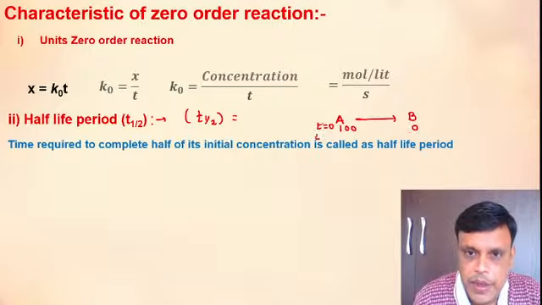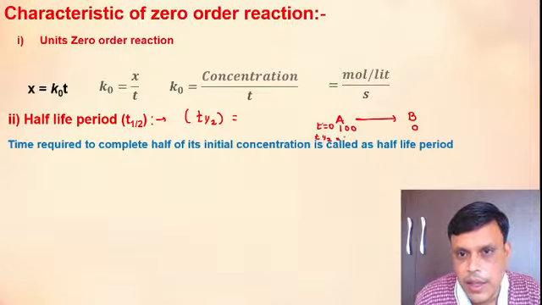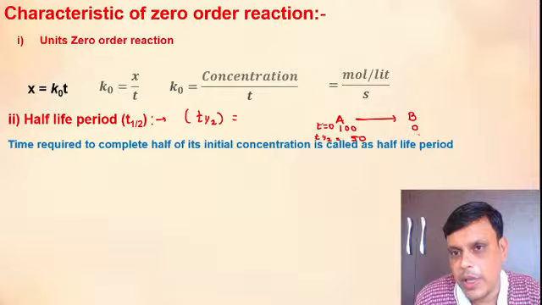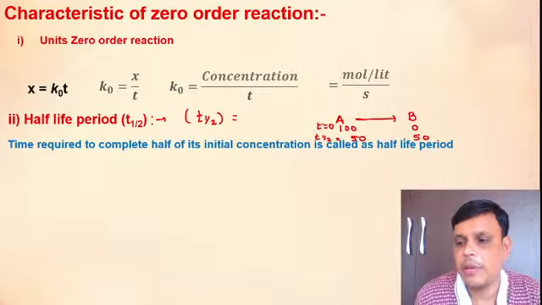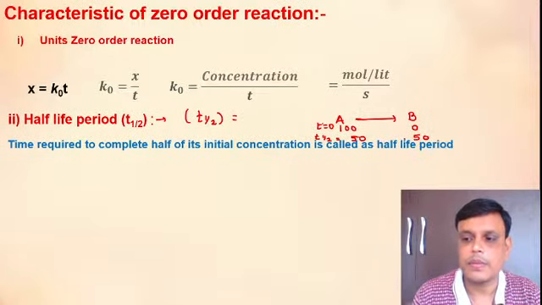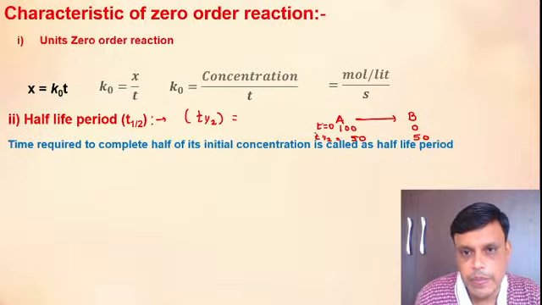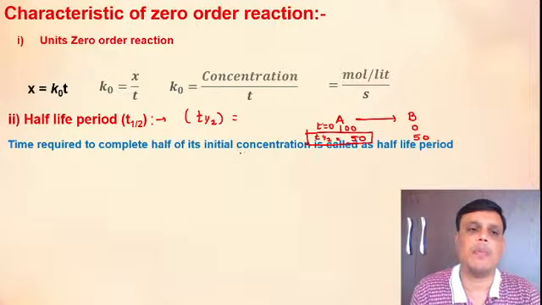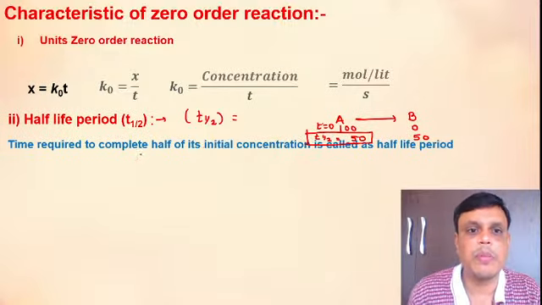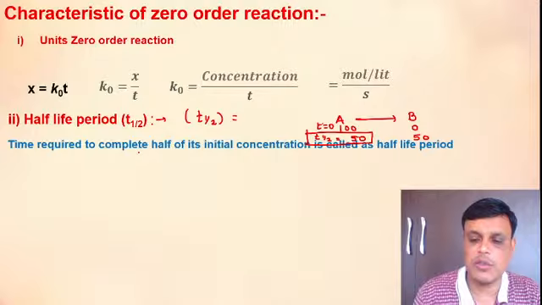And at a time t equal to half, A is present 50% and B is formed 50%. So this time is called the half-life period. The time which is required to complete half of its initial concentration is called half-life period.